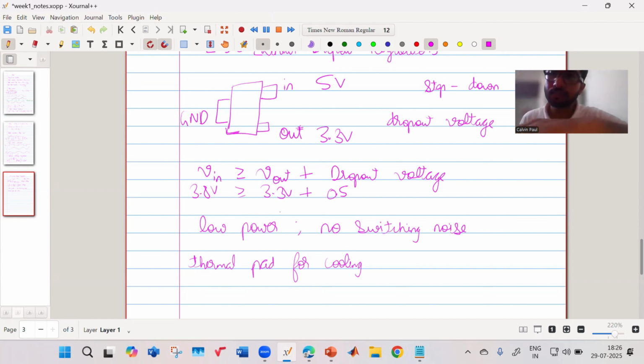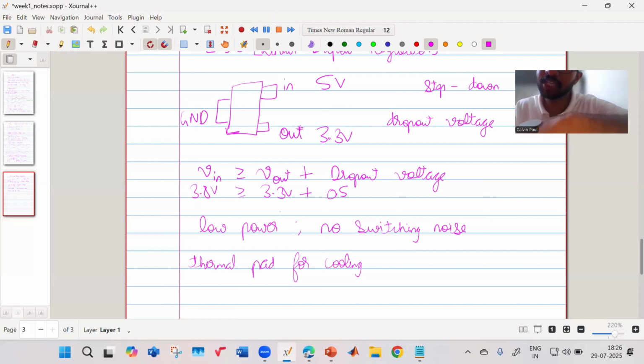Let us say this is the PCB, and this is the LDO which is placed. Between the top of the LDO and the bottom, at the bottom of the LDO, there will be what is known as a thermal pad.